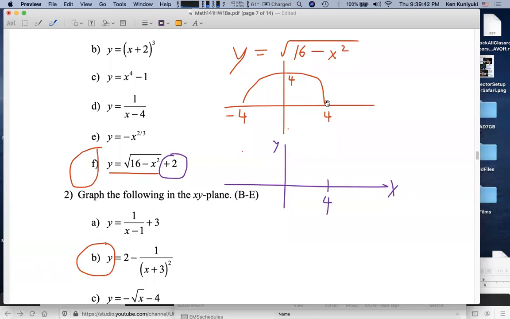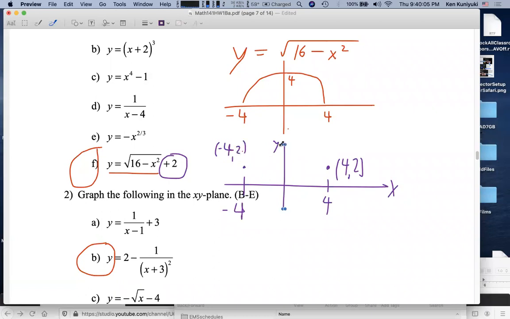The endpoint here was at (4, 0). The endpoint now is at (4, 2). The point (-4, 0) goes up to the point (-4, 2).